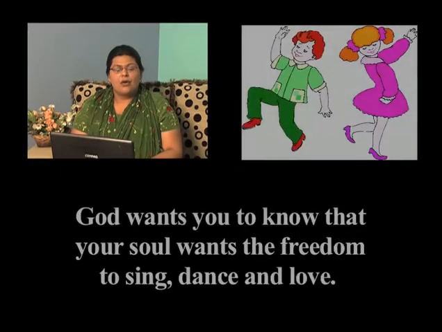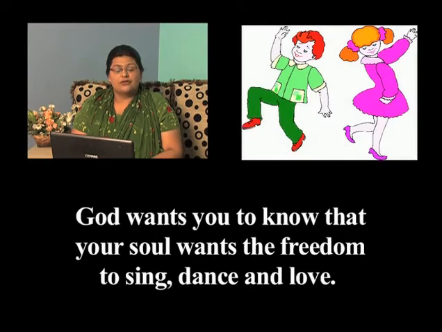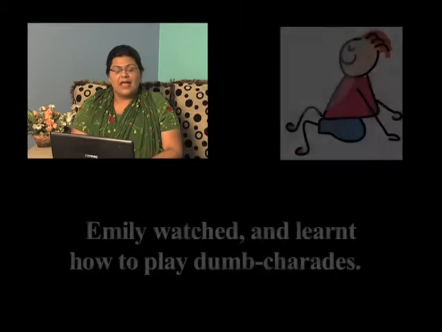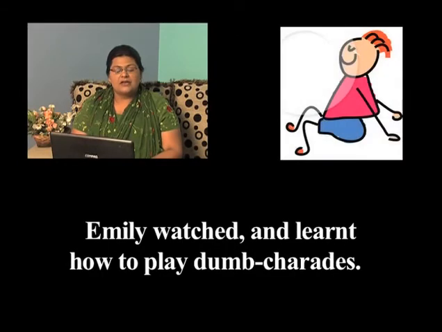Next, God wants you to know that your soul wants the freedom to sing, dance and love. The words with the D sound are God, freedom and dance. Next, Emily watched and learnt how to play dumb charades.